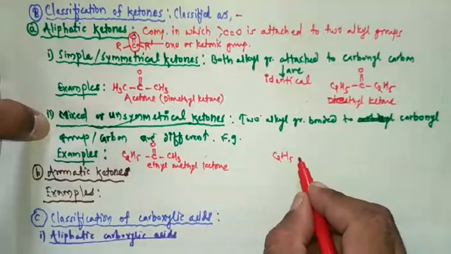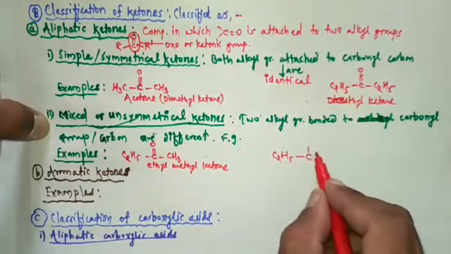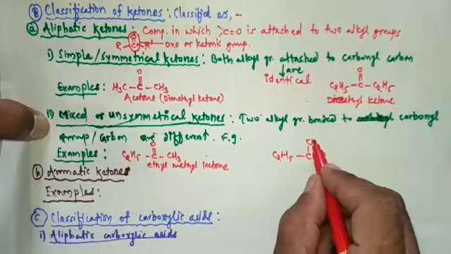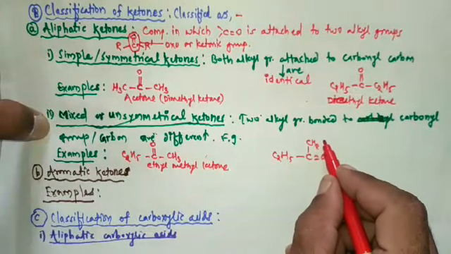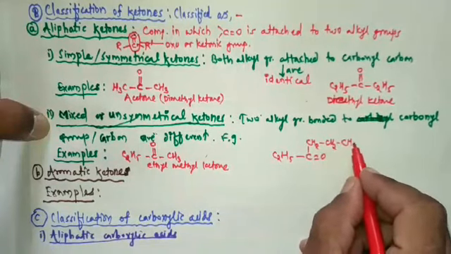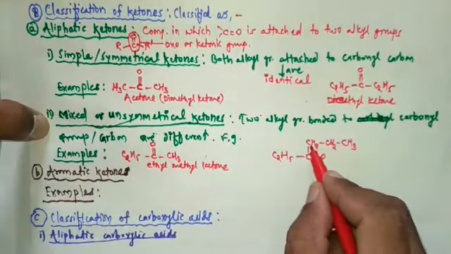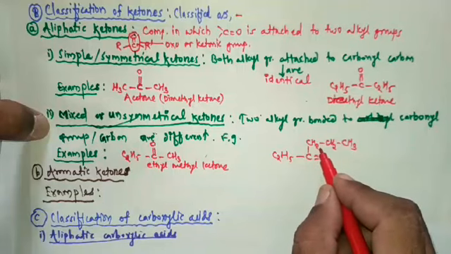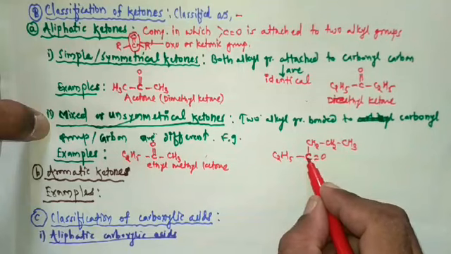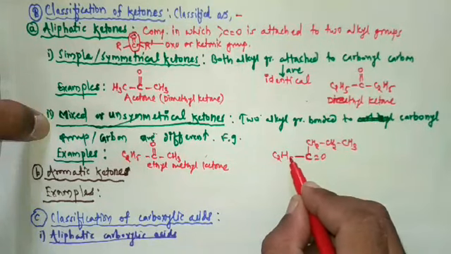Then take one more example. C2H5, C double bond O, and CH2 CH2 CH3, that is C3H7. Here again, to this carbonyl carbon, different alkyl groups are attached.